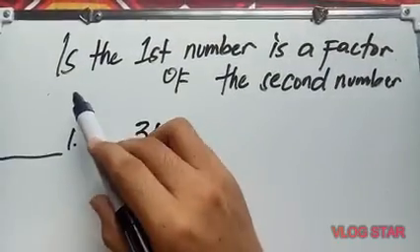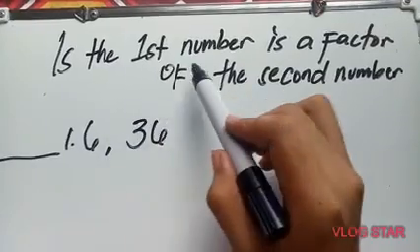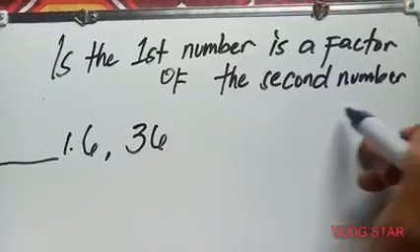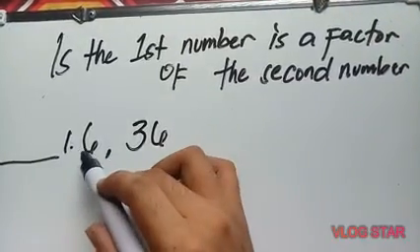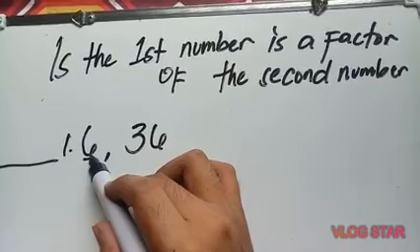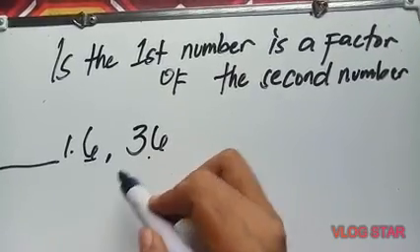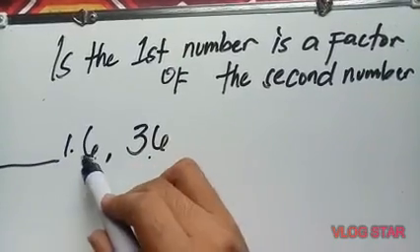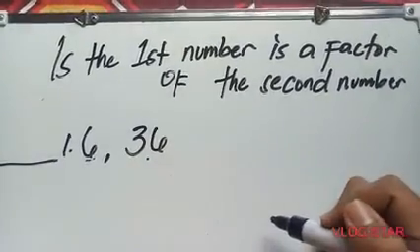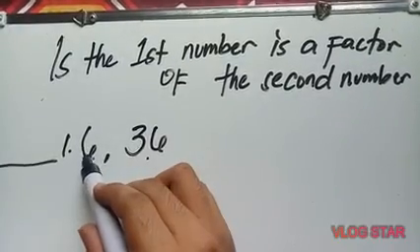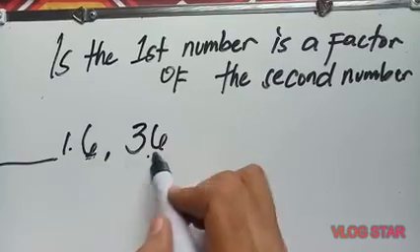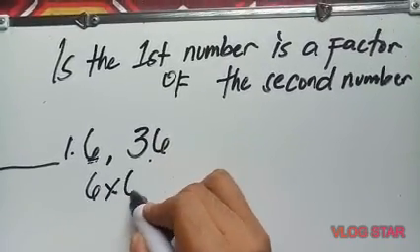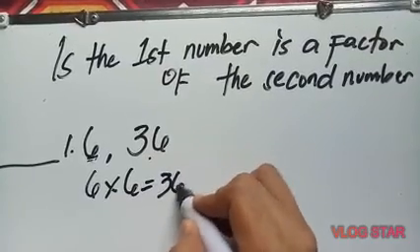So the first question is: is the first number a factor of the second number? So, is 6 a factor of 36? How can we say that 6 is a factor of 36? Just think of a number that when you multiply, the answer is 36. 6 times 6, the answer is 36.